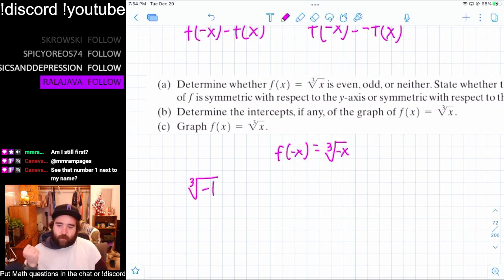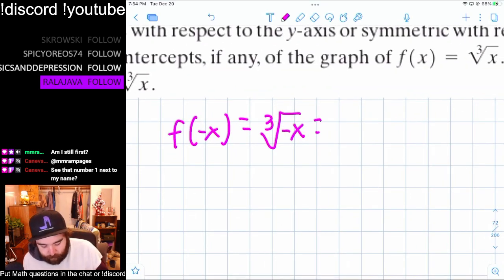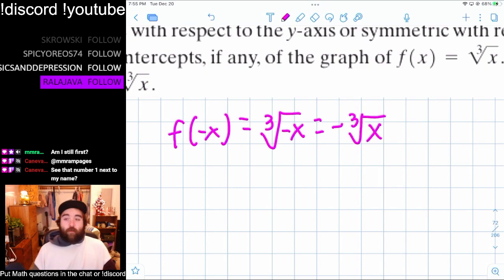A cube root is multiplied by itself 3 times, and negative 1 times negative 1 is positive 1, but then again times negative 1 is negative 1. So the cube root of negative 1 is just negative 1. And more thoroughly, the cube root of a negative x is just the negative version of the cube root of x.